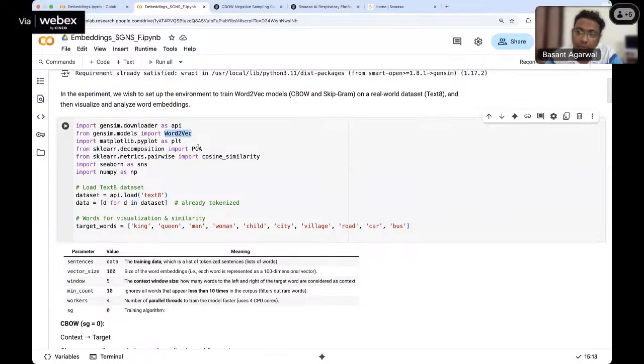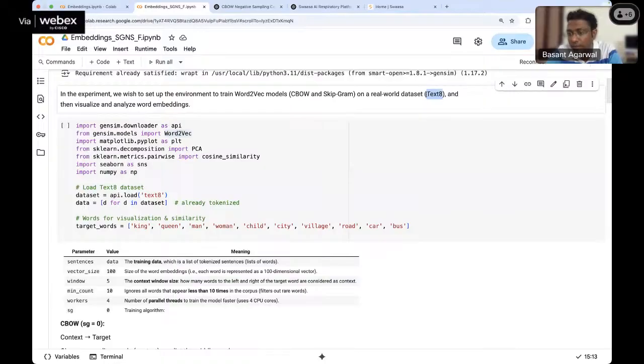Are we really able to learn that kind of semantic information in the word embeddings? That we'll see.